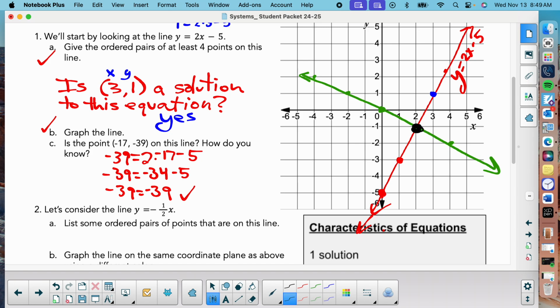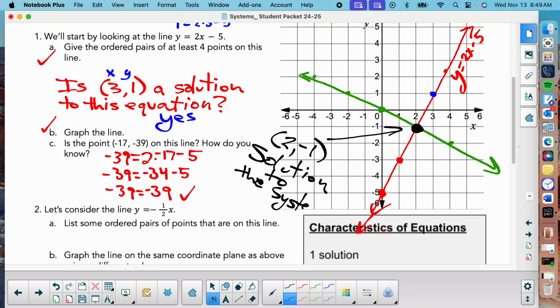Where they cross at one spot is a solution to both lines. So it's going to be a solution to the system of equations. So the point (2, -1) is a solution to the system of equations.